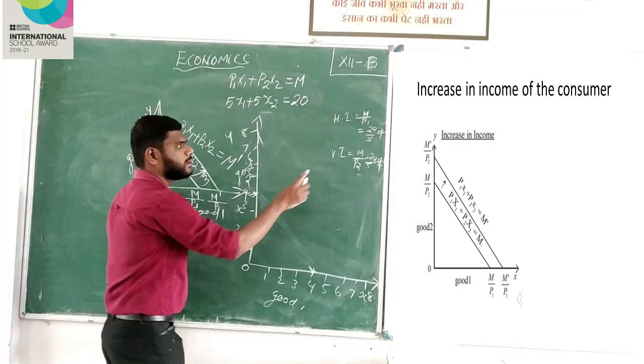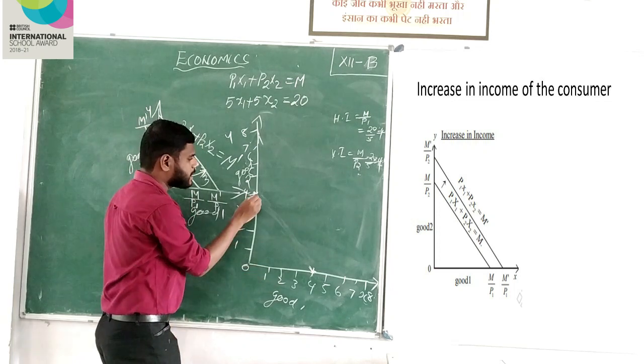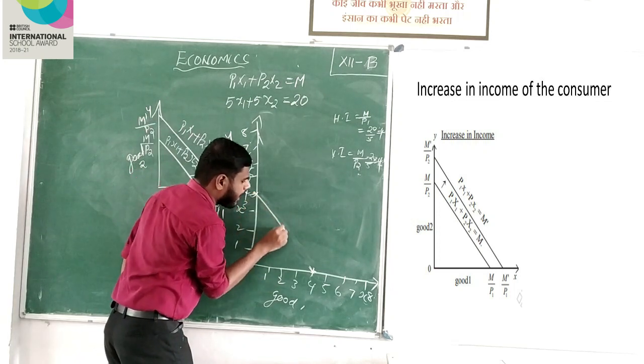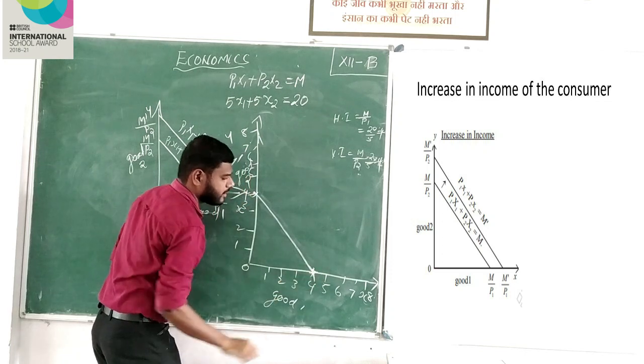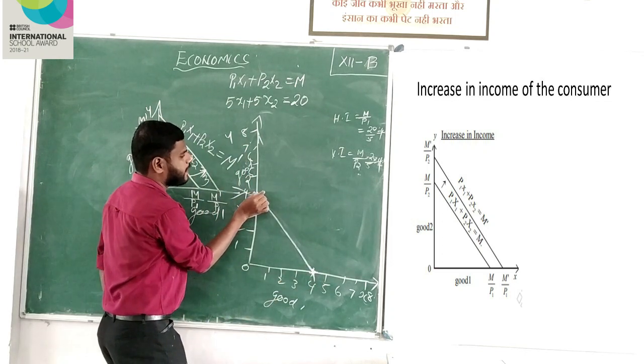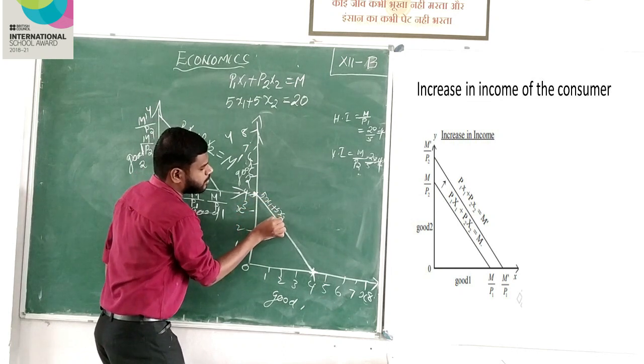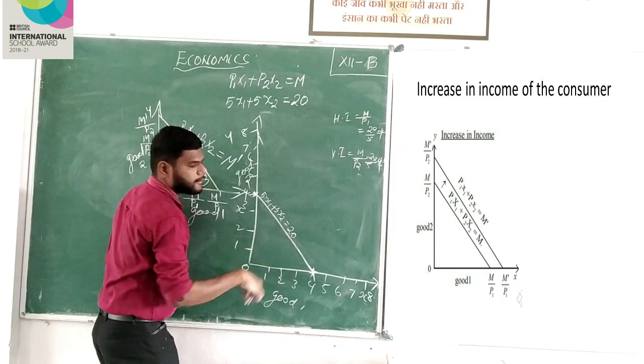Based on this horizontal and vertical intercept, we can draw the budget line. Horizontal intercept is 4 and vertical intercept is 4. This is the budget line of 5x1 plus 5x2 equal to 20.